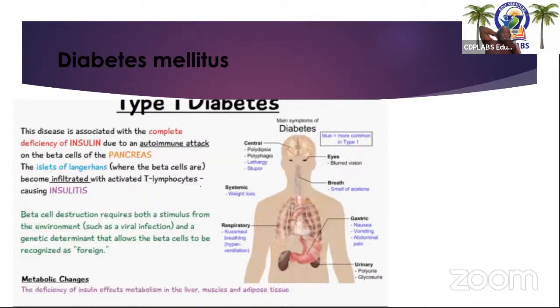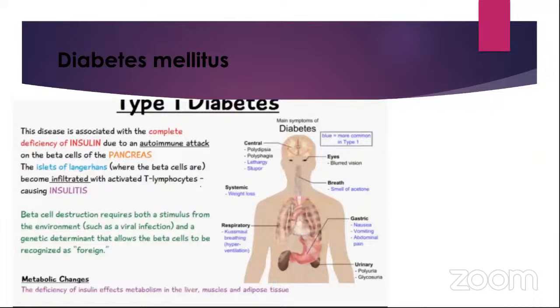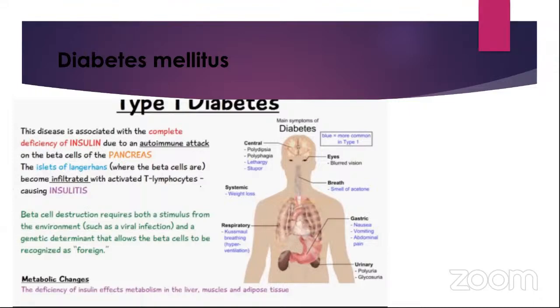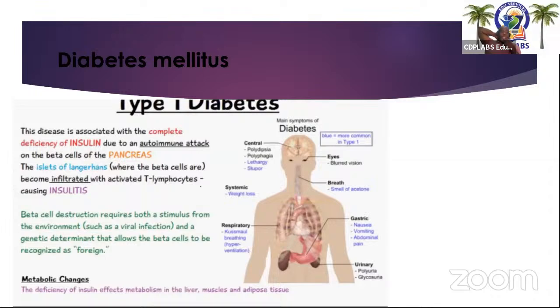She mentioned the breath is fruity. Central is in the brain, problems in the brain. Systematic weight loss, respiratory problems, breathing, and gastric problems: nausea, vomiting, abdominal pain. It also affects the urinary tract as well.